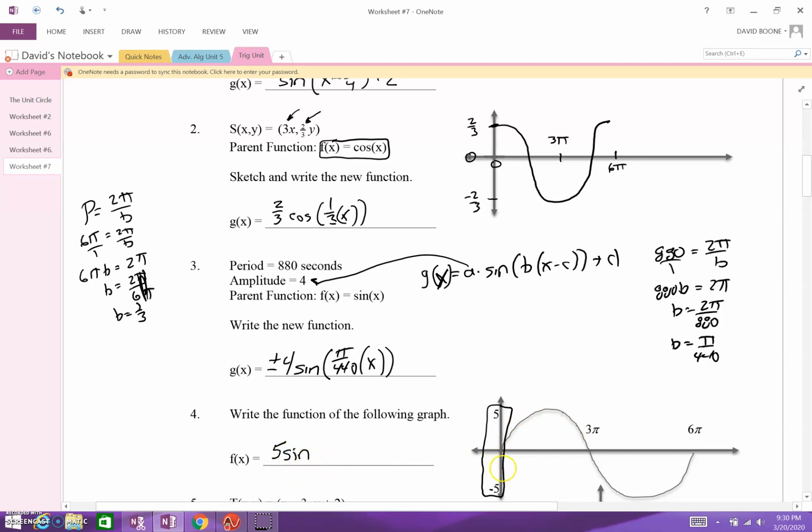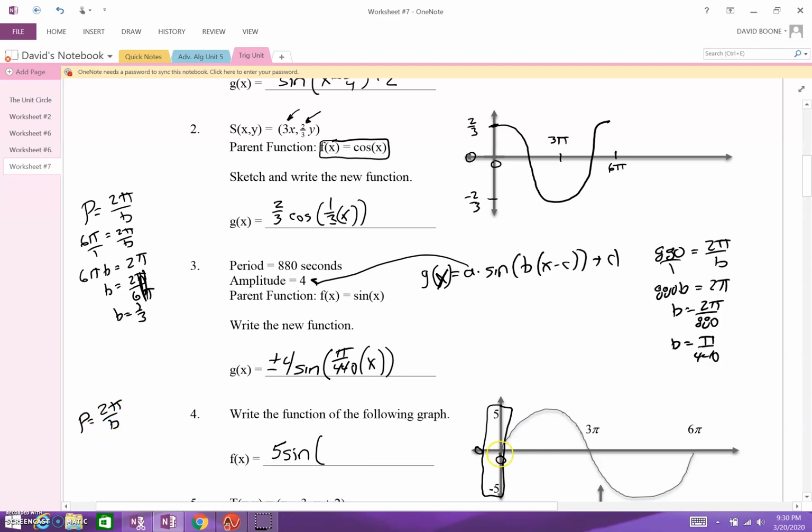And then it looks like it's starting here at 0, so it hasn't been moved left or right, and it hasn't been moved up or down, because this is also centered at 0. So all we have is a change in that b value. If I can find what that b value is, I can put that in right here, and I can find it by using the idea that period for sine is 2 pi over b.